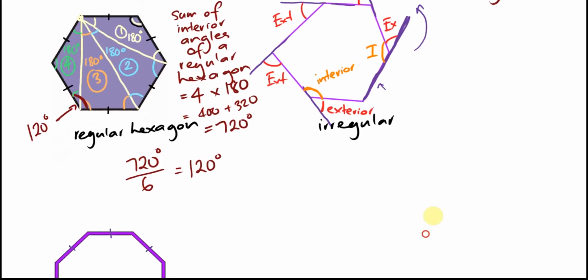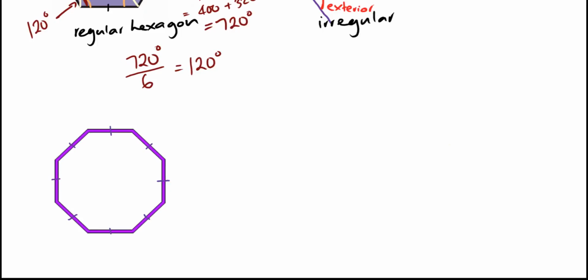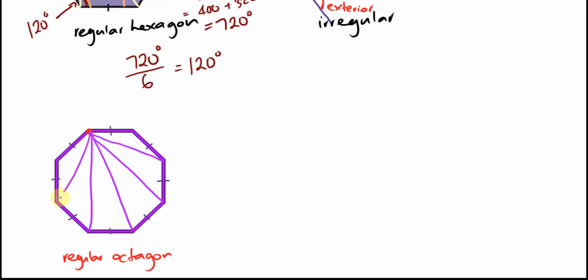Let's have a look at a regular octagon. So this is a regular octagon, and we're going to have a look at the interior and exterior angles. So if I just split up this octagon into a series of interior triangles, I'm going to start at that vertex there. Okay, so I've got 1, 2, 3, 4, 5.